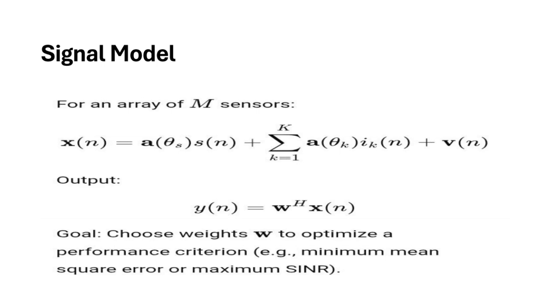Here, for your output, you need to take the Hermitian of the weight vector times x of n. By that we can easily optimize the performance criterion. For example, if you want the minimum mean square error or maximum signal to interference plus noise ratio, we can easily find it. Based on this adjustable weight vector, we enhance our desired signal.